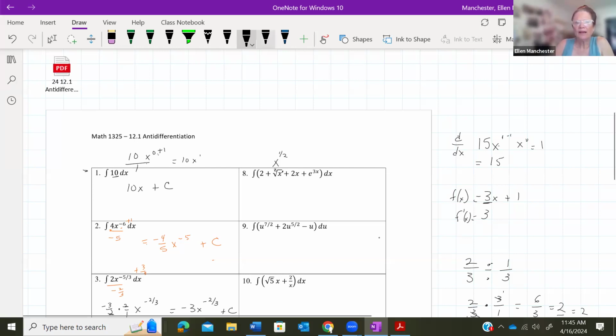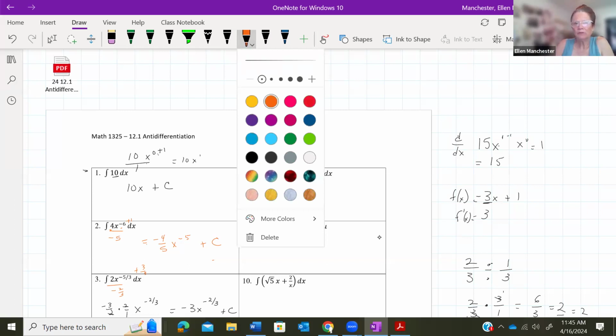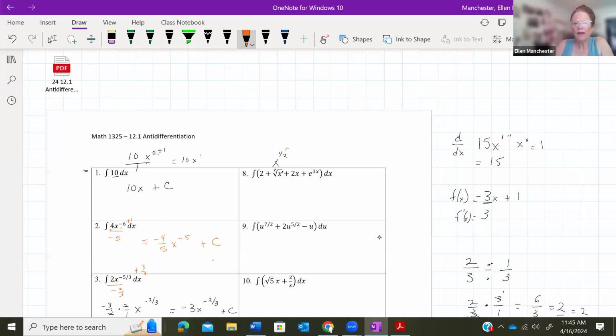Okay, so now I can do my power rule. So I'm going to add 1, dividing by my new exponent. Here, I'm going to add 1 and divide by 2. And here, I'm going to repeat e to the 3x divided by the derivative of 3x, which is 3.